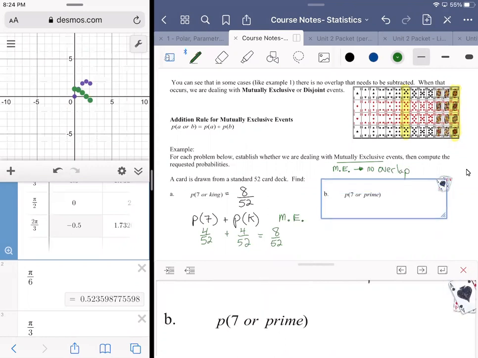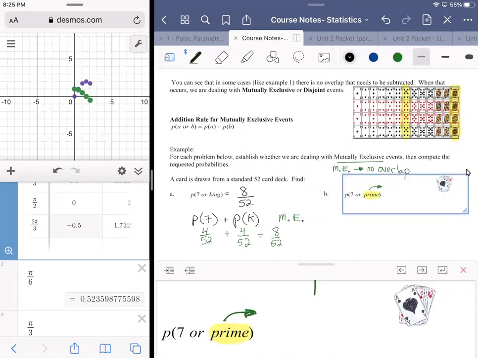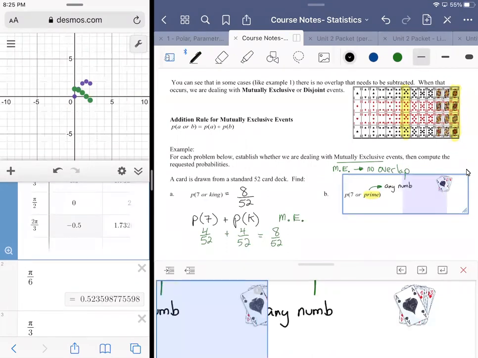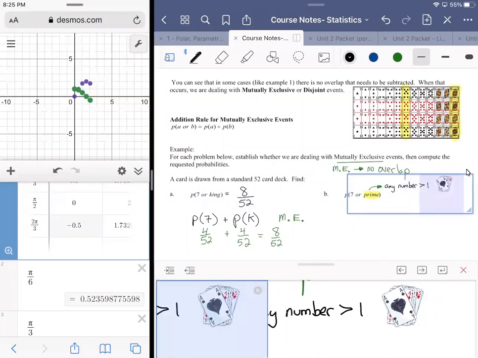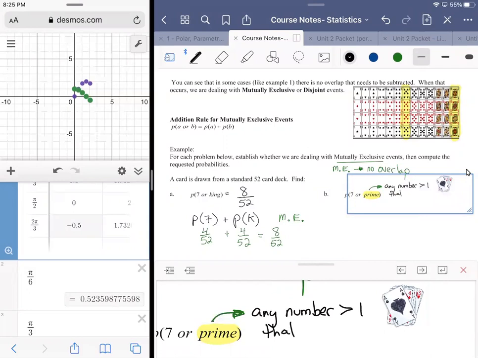All right. Now, the next question is talking about prime numbers. A number is prime if it's a number bigger than 1 that is divisible only by 1 and itself.